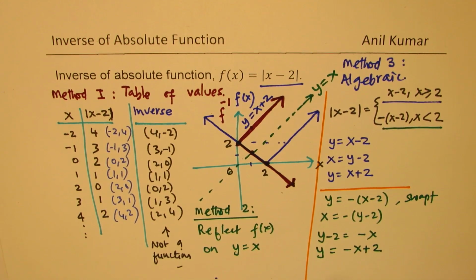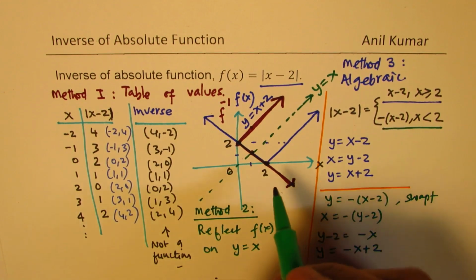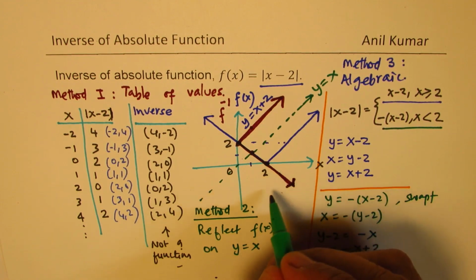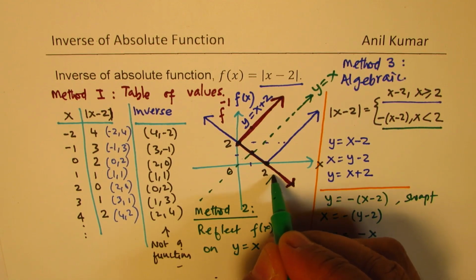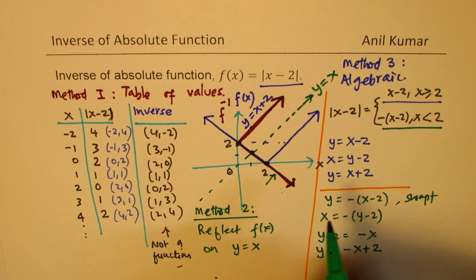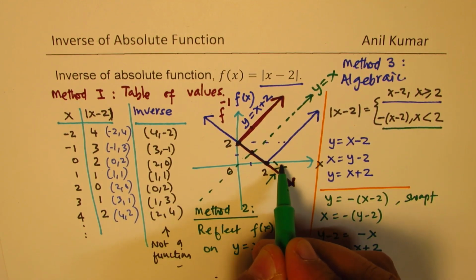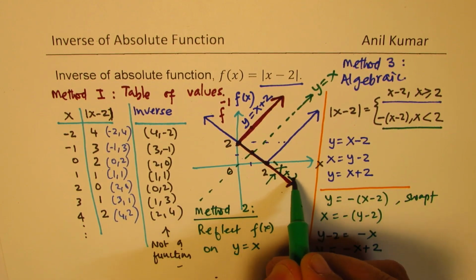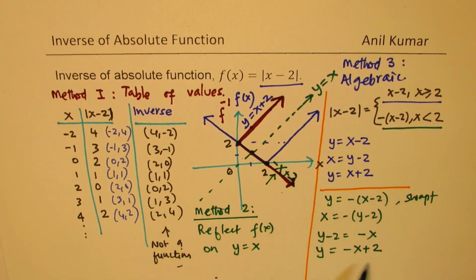Clear? So y equals minus x plus 2 is this part of the graph. That is the second part, right? So that is how you actually get the inverse of the function. Algebraically, that is how you're going to show it.